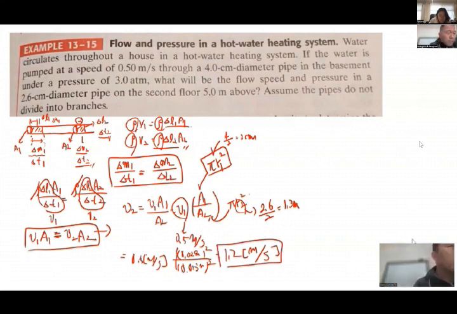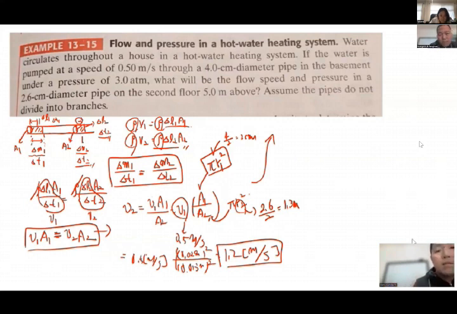Now we have to plug this velocity into Bernoulli's equation to find out the pressure at the second floor, 5 meter above the basement.